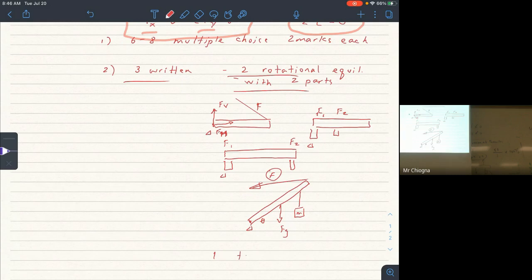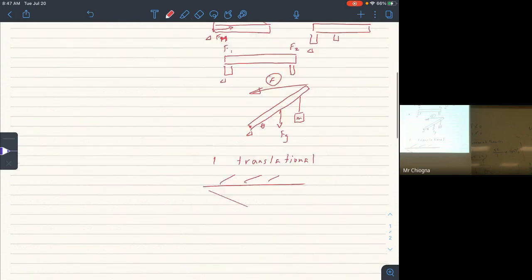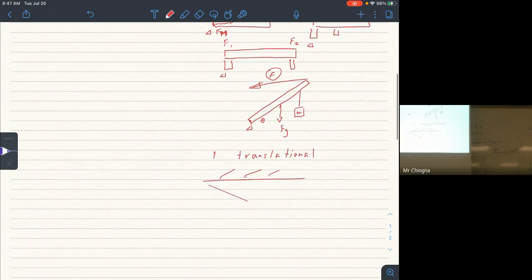One translational problem strictly like a chandelier problem, something that looks like that. It generally looks like this. What it asks for could change. There are different varieties of this.